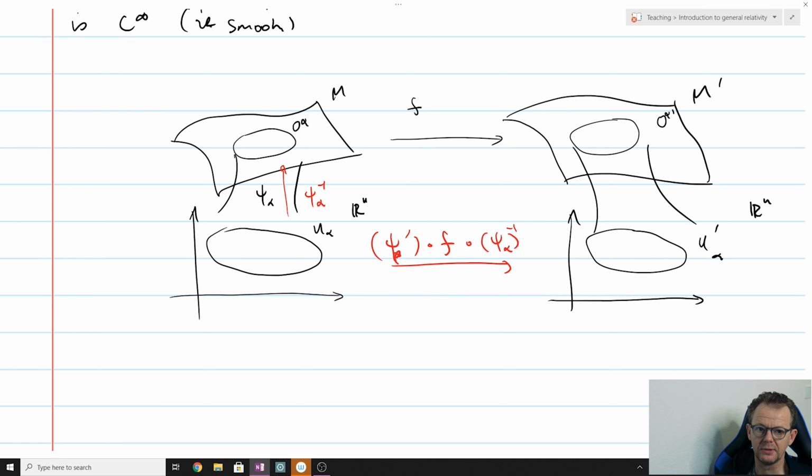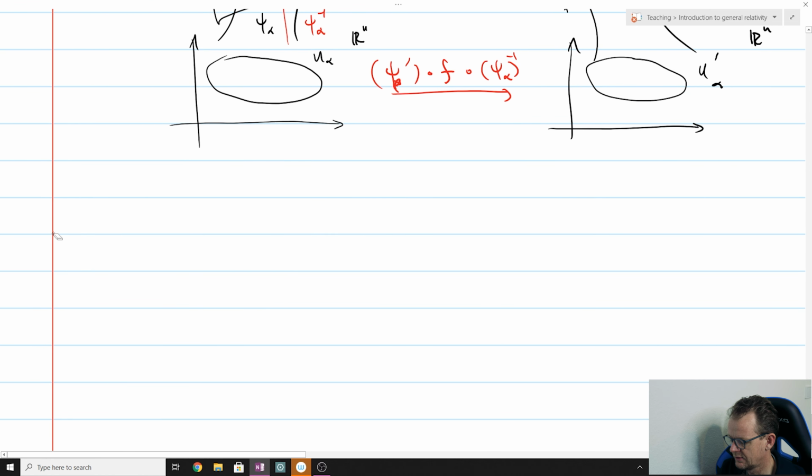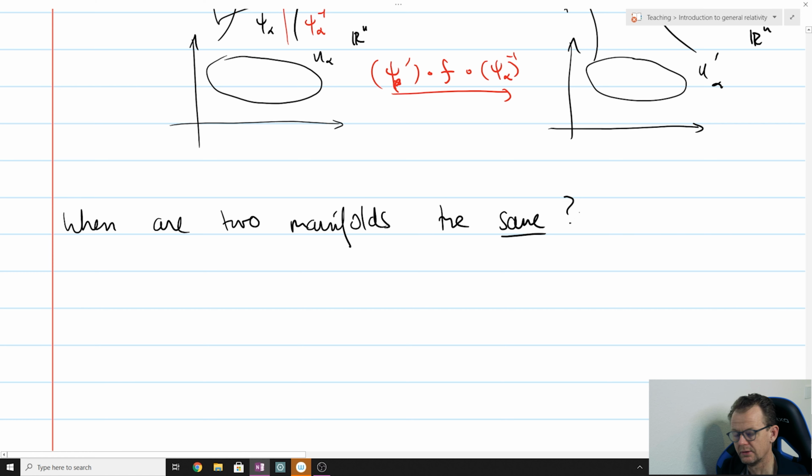Now, we have a notion of a map between manifolds, and now we can say what it means for two manifolds to be the same manifold. So manifolds M and M prime are the same if there's a map between them, but not just any map. We need a kind of an equals sign for manifolds. And the thing that takes the role of the equals sign is a so-called diffeomorphism.